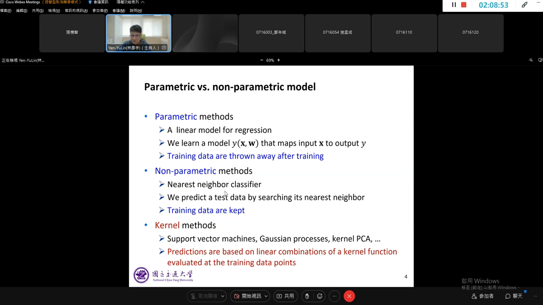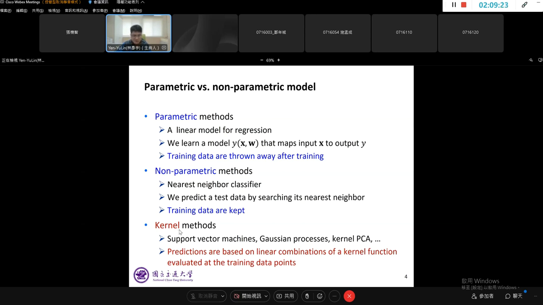In other words, you need to keep the original training data even after training. So this is called a non-parametric method. Support vector machine and other kernel methods belong to non-parametric methods. Some or even all the training data are required even after model training.